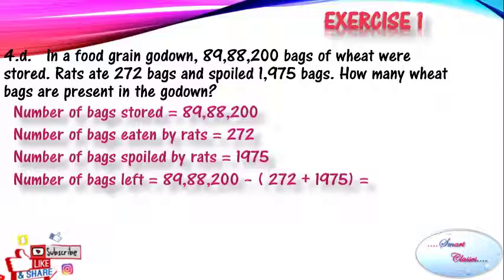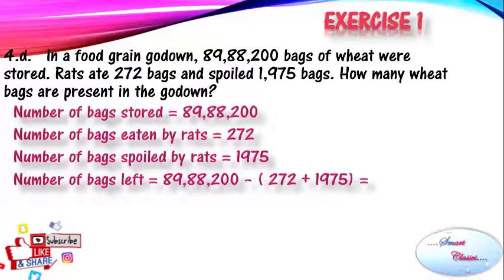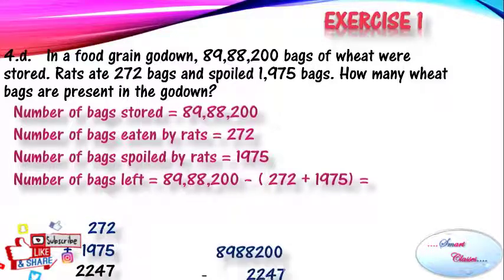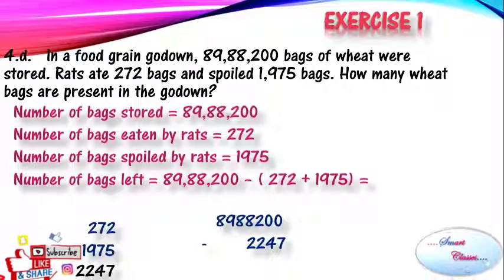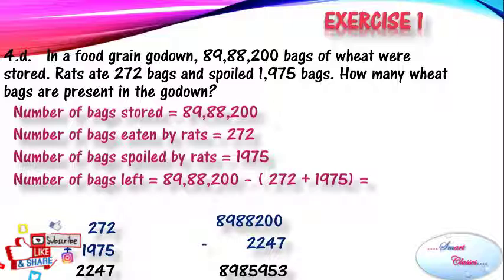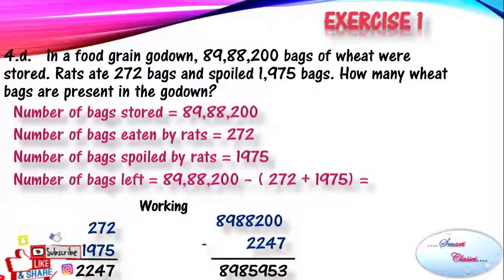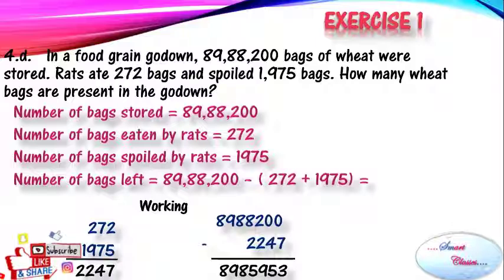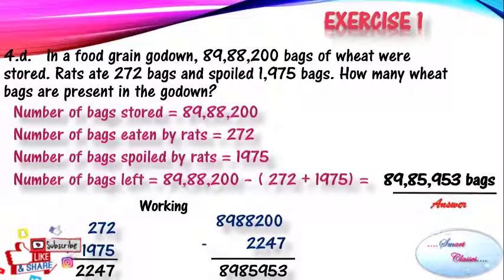So first we'll add these two numbers and we'll get the answer as 2,247. Now we will subtract this number from the total number of bags and we'll get the answer as 89,85,953, which is your answer.